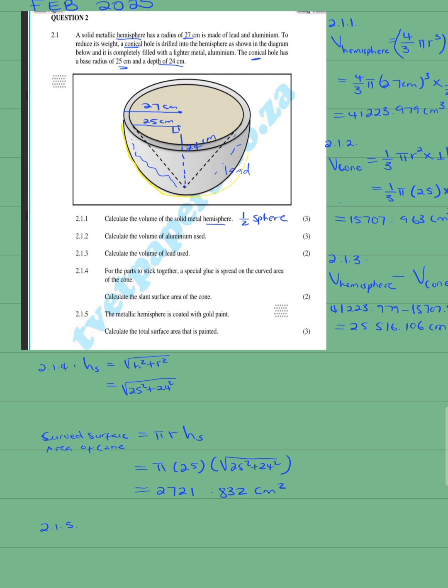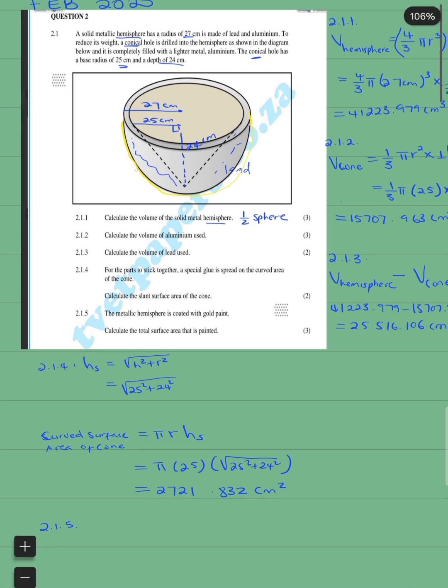The half sphere is painted. And now what? This circle on top. Remember, a normal sphere would not have this circle on top. It would be a ball all around. But now it's no longer a ball. It's half a ball and the top part.